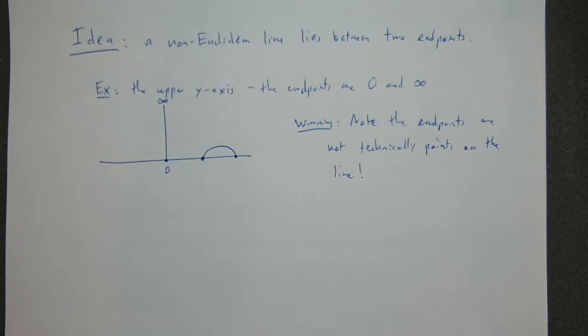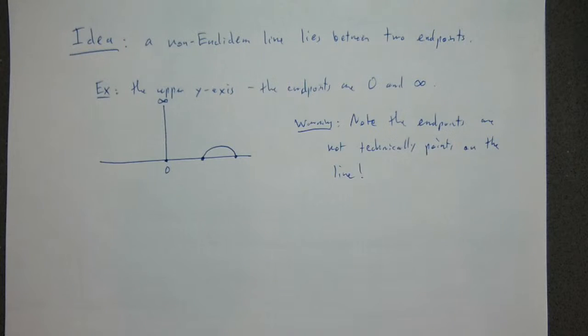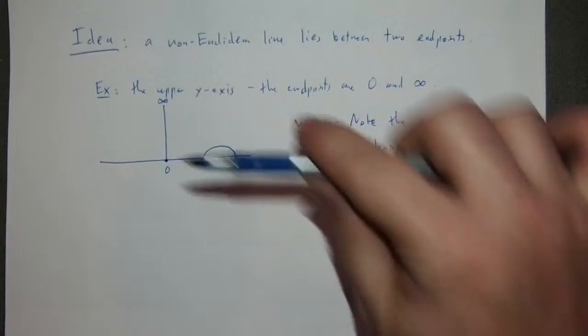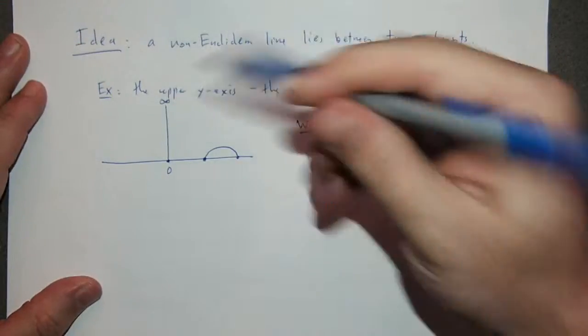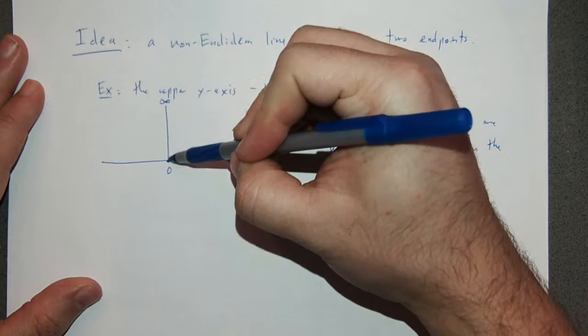So when you think of them as lying between two endpoints, they don't touch the endpoints, which is kind of what's so weird. So when you look at the y-axis here, this is the line from 0 to infinity. Now it never reaches 0.